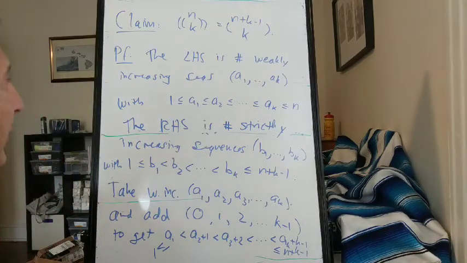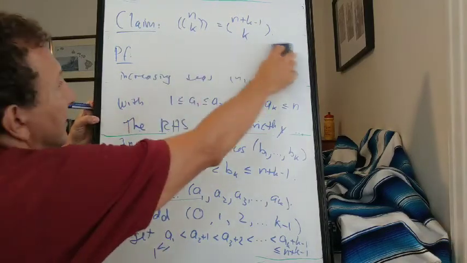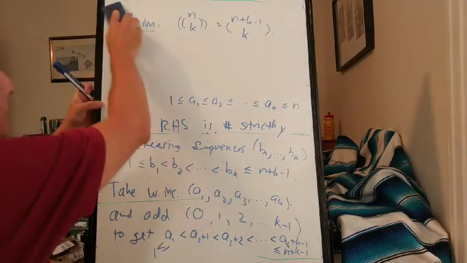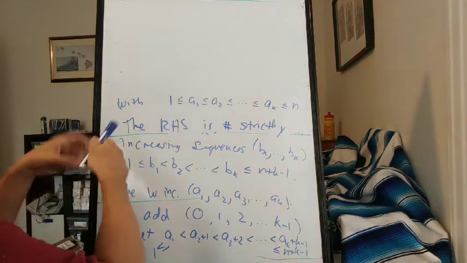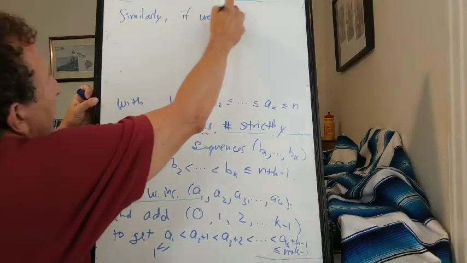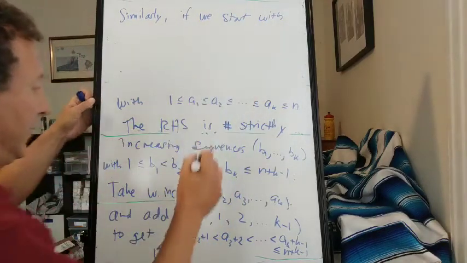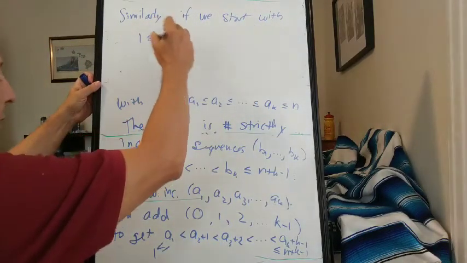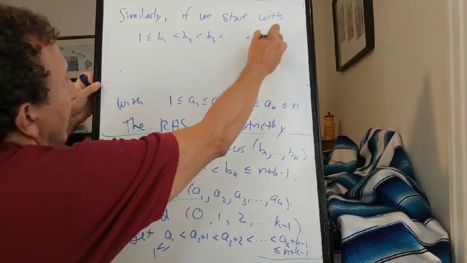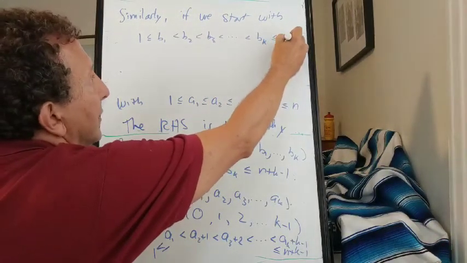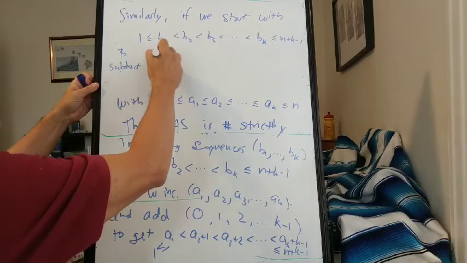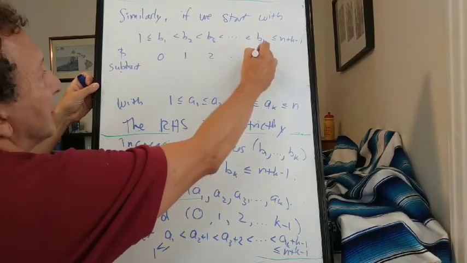Similarly, you're probably convinced this is a bijection already, but if we start with this B sequence, which is strictly increasing, and subtract 0, 1, 2, etc. up to k minus 1.